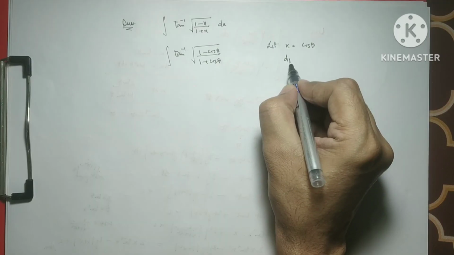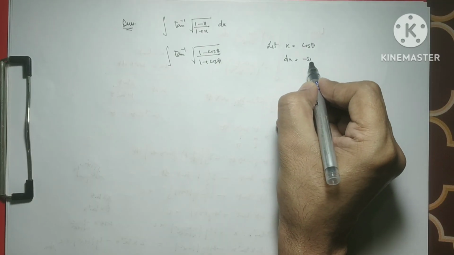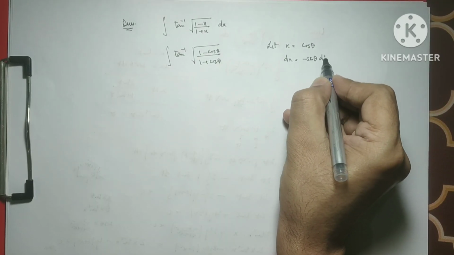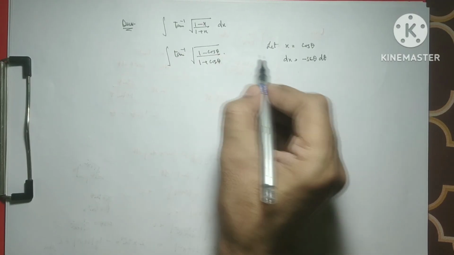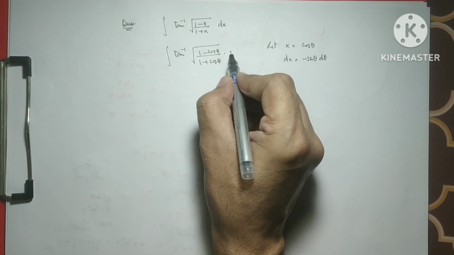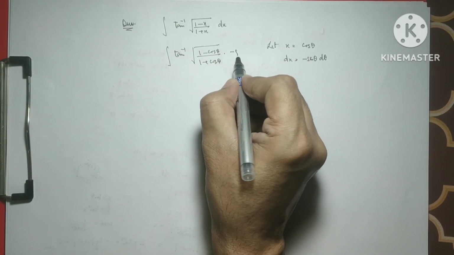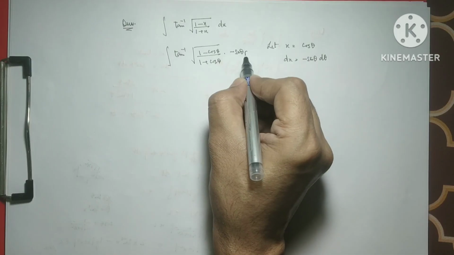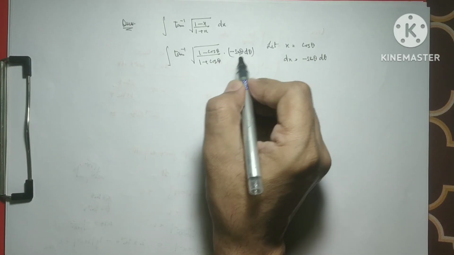On differentiation we get this, so we put this value in place of dx, it is minus sin theta d theta.